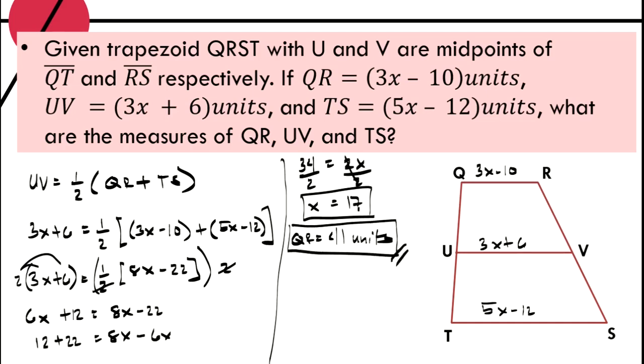Next, substitute 17 to the given expression for UV. Okay, we have 3x, or 3 times 17 plus 6. We get 57 units.